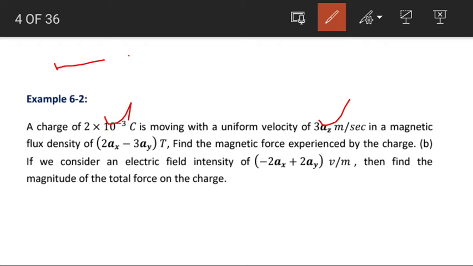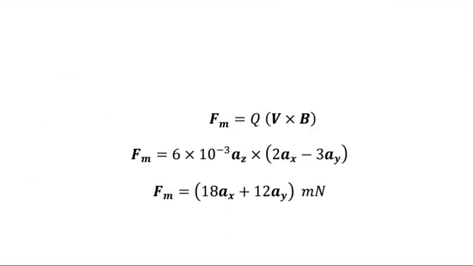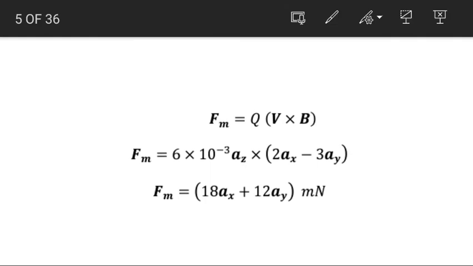While in part number 2, this charge is moving in the magnetic as well as electric field. So force will be experienced by this charge due to the magnetic as well as electric field. We need to find out the total force which is experienced by this moving charge. So let us do the first part of the question.